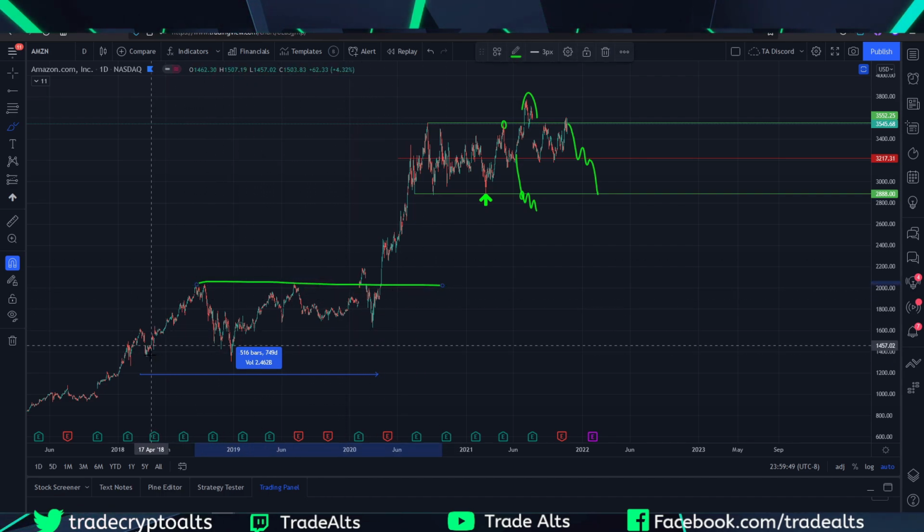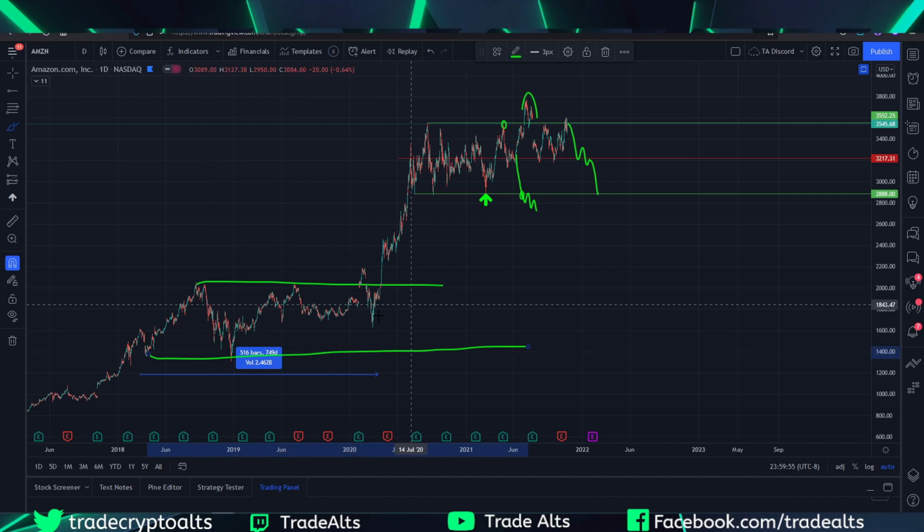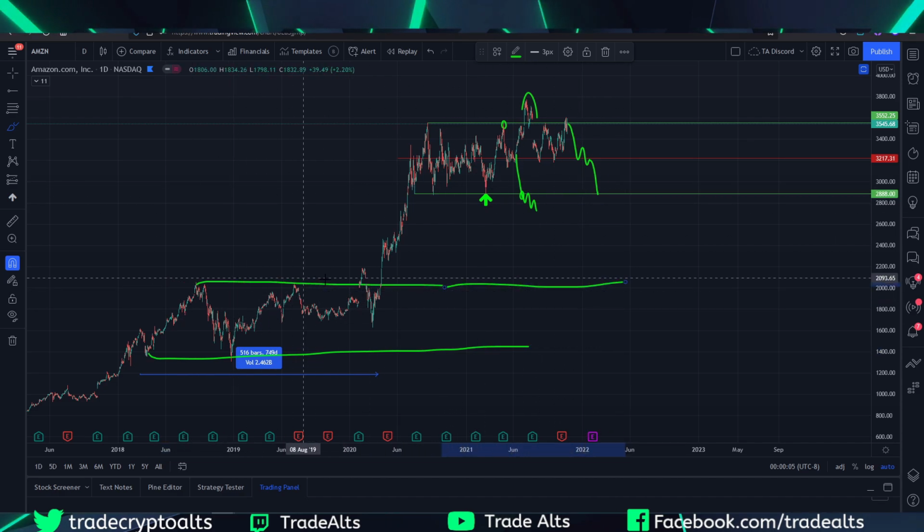It's going to look something like this. This is just a really general look at how this range would look. And you can see this same support resistance level here that we broke out from. I would be looking for this as a potential support zone in the future if this did come down.